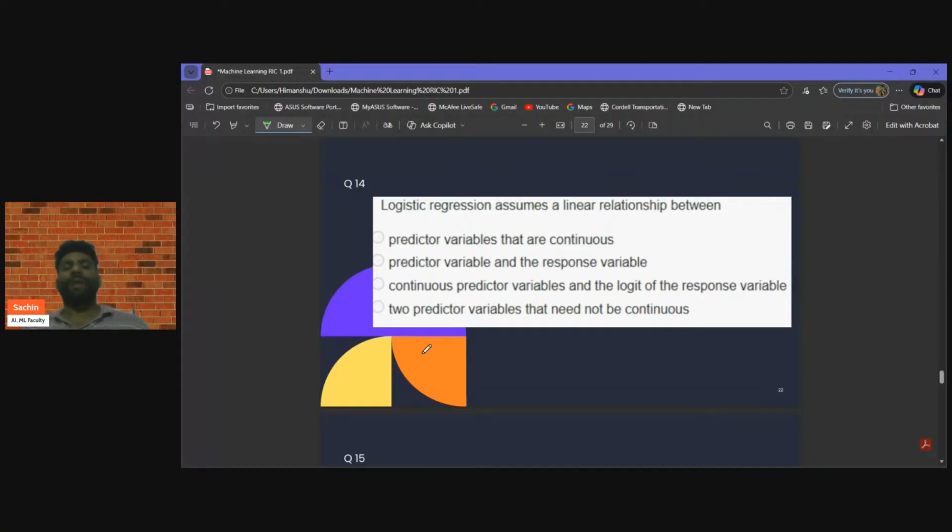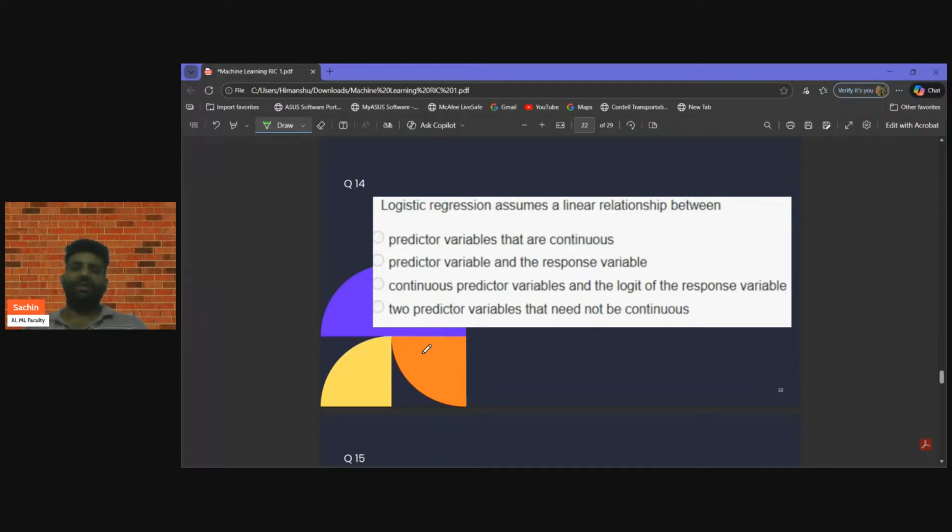Now, what are predictor variables? These are independent variables which you consider. Okay, and those are going to be generally continuous. Generally, when you're having a classification problem, you might get some categorical as well, but the target variable would always be categorical because you need to classify using logistic regression. Okay, so predictor variables are going to be continuous.